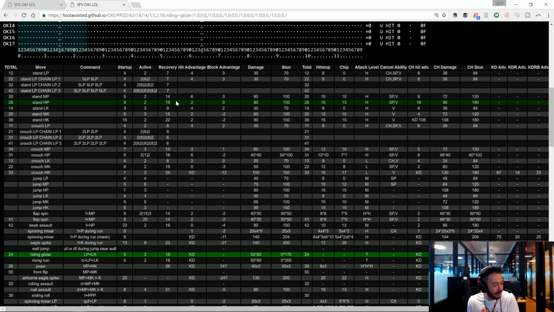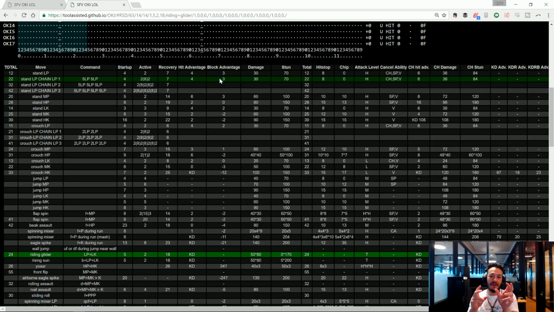Let me try to explain that again. Remember how Ryu was able to throw Rashid out of the sweep, because they collide at the same time? The same thing happens with any normal.